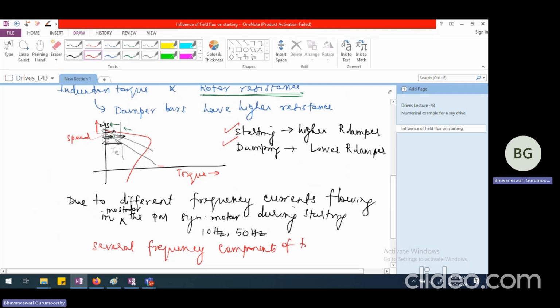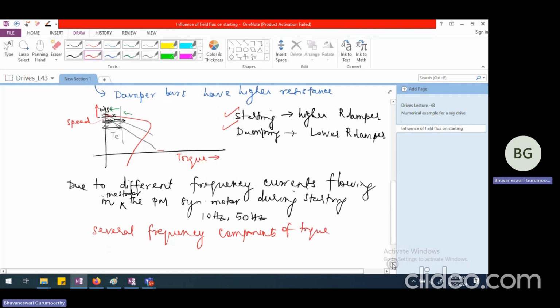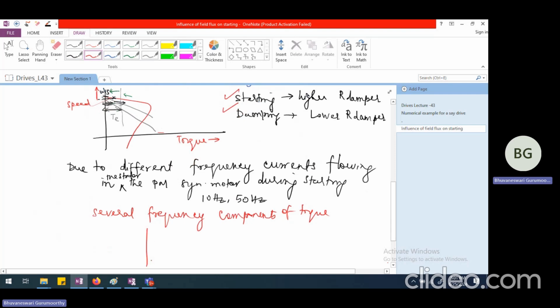So for the 50 hertz component, what we see is a steady value. We are going to have a steady value like this. The rest, the 10 hertz and so on, are going to be oscillations corresponding to 10 hertz, 20 hertz, and so on, due to which you are going to see them perform like a braking torque.